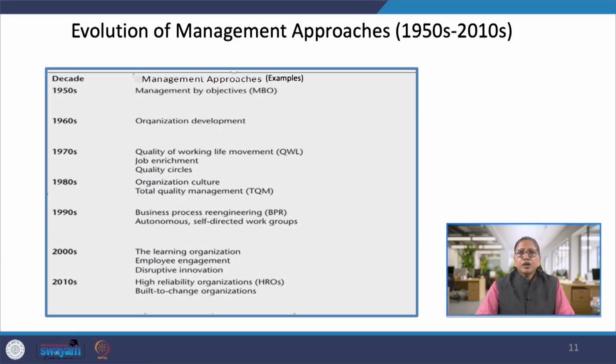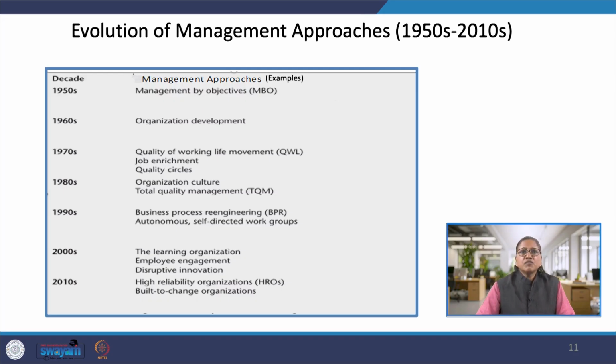So, concluding the discussion on the evolution of management theory, over the years management theory has undergone many changes and transformations. Intellectuals and their contributions have introduced new theories in the field from the 1890s to 2010.